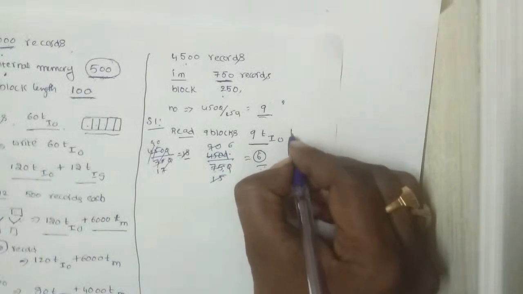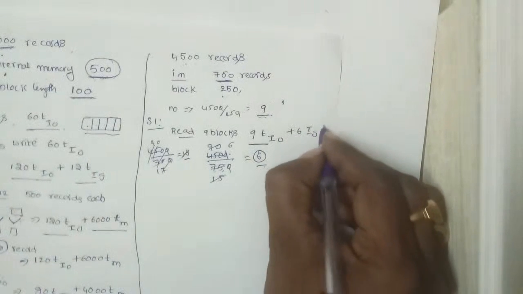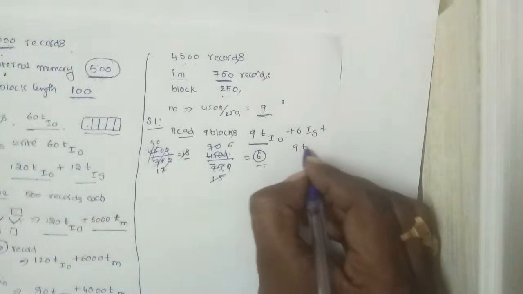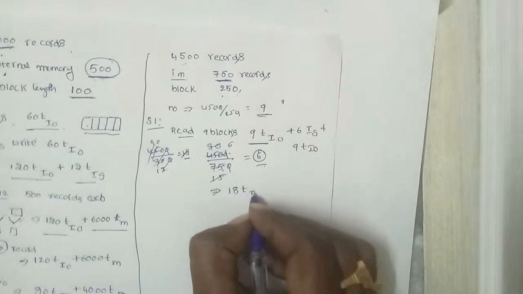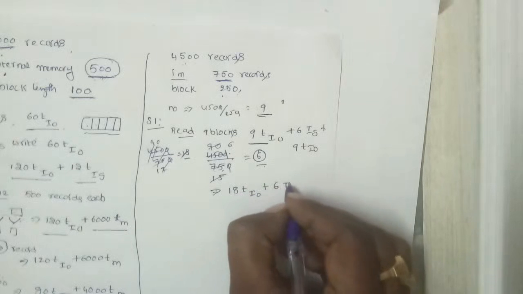What is the time? 6 IS, plus the output also takes TIO. So simply, the answer is 18 TIO plus 6 IS.